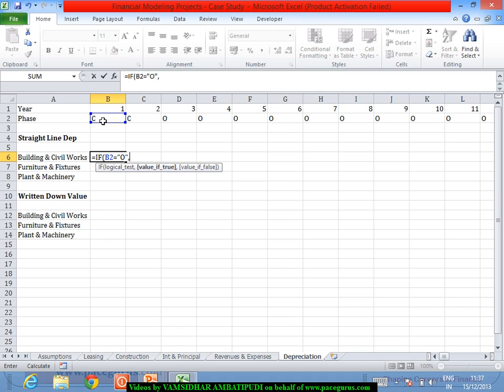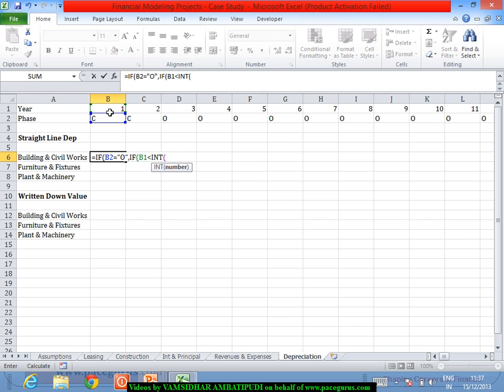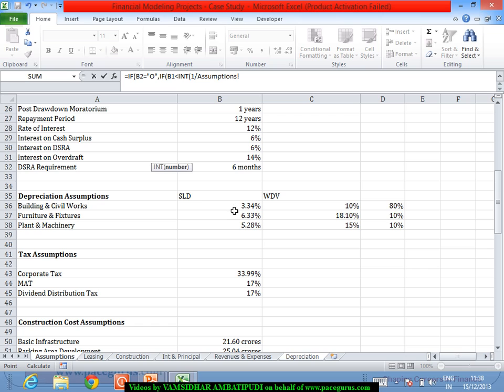So 1 if it is operations, and if the year number is less than 33. How did I get that 33 here? If the year number is less than the integer of 1 divided by whatever the depreciation rate is.